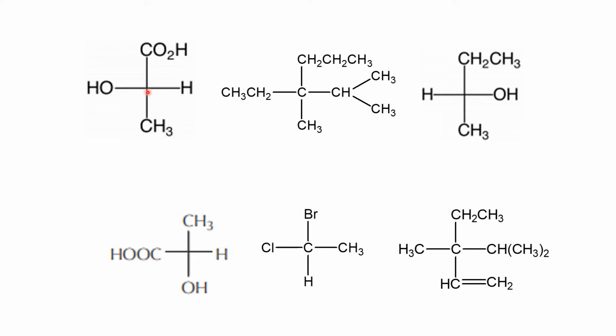Here we have a chiral carbon atom attached to hydroxy, then this carboxylic acid group, CH3 and H. As you can see, we have oxygen, carbon, carbon, hydrogen. So we can quickly say oxygen will get first priority, hydrogen will get fourth priority. We need to decide amongst carbon. This carbon is attached to 2 oxygens, this carbon is attached to 3 hydrogens.